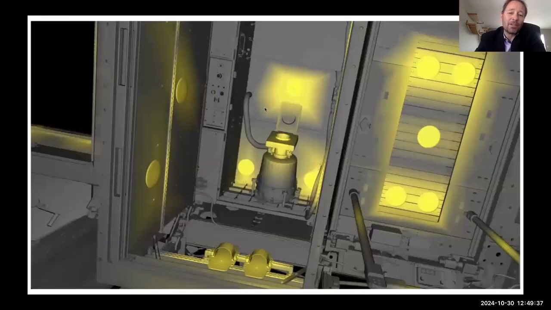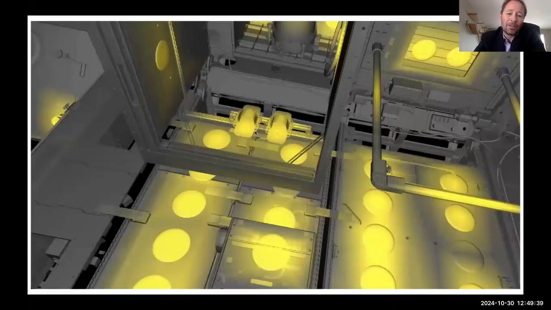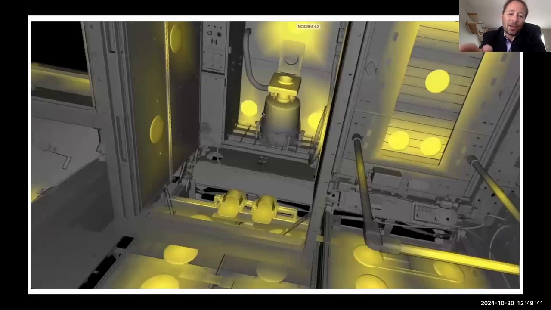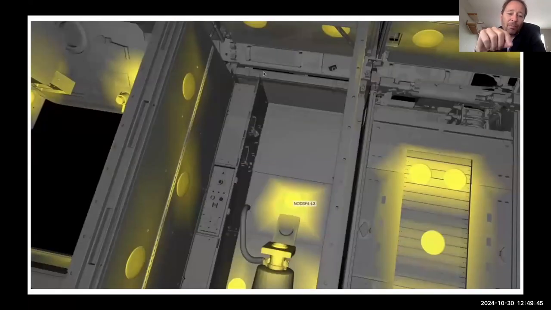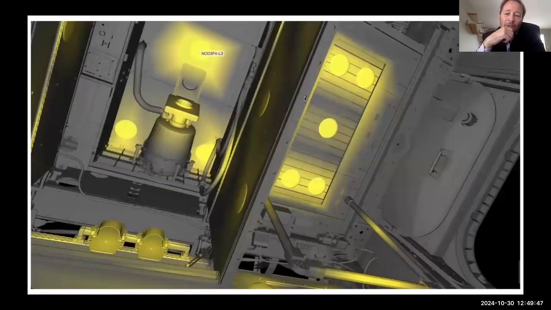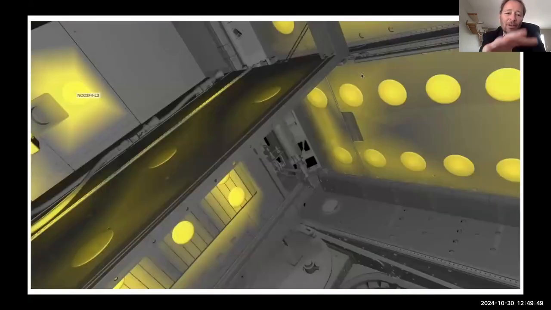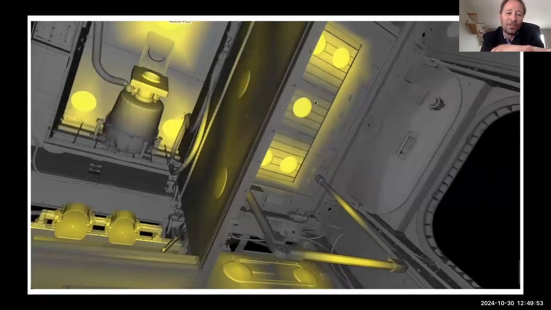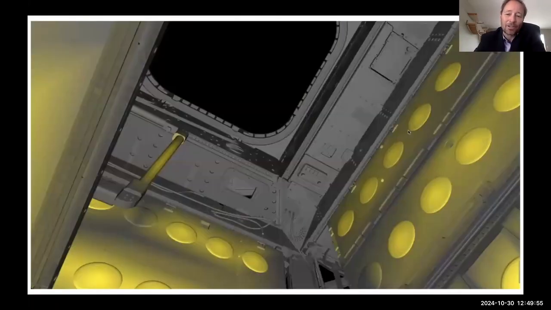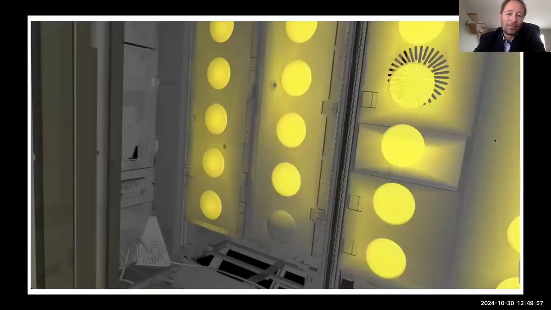And so based on the map that the astronaut created, we have this 3D image where each of these circles represents the location of where the sampling was taking place. And here we're actually looking at the toilet and exercise area. So the toilet is on the left, the exercise area is on the right.